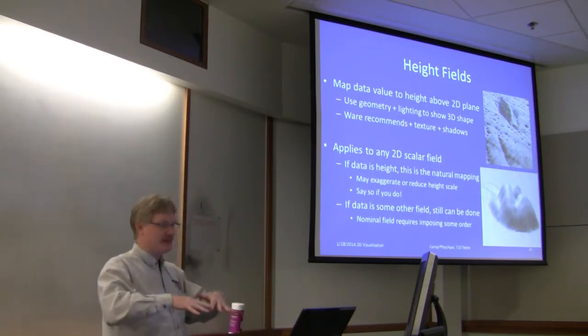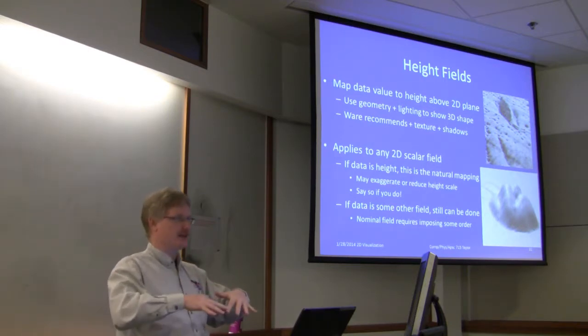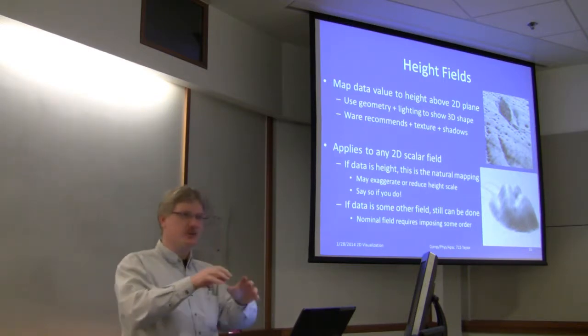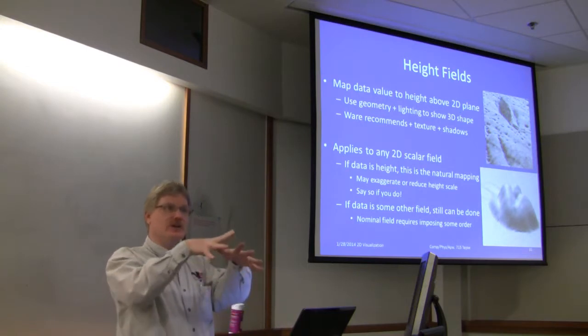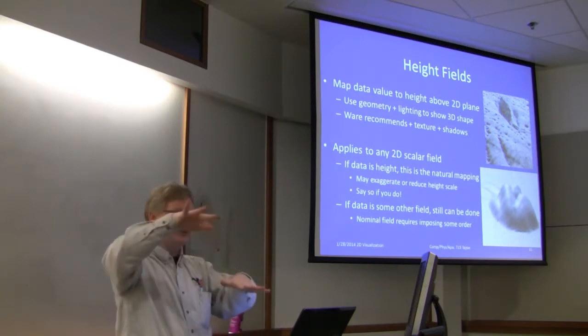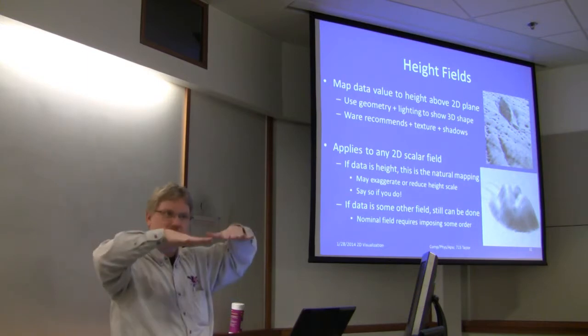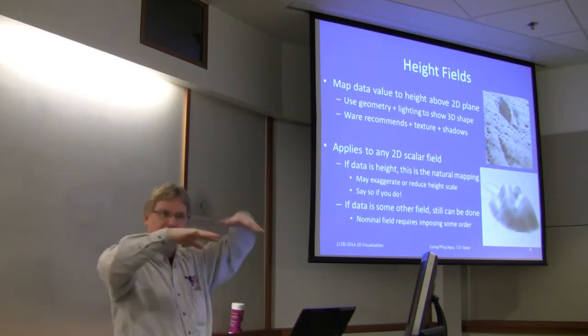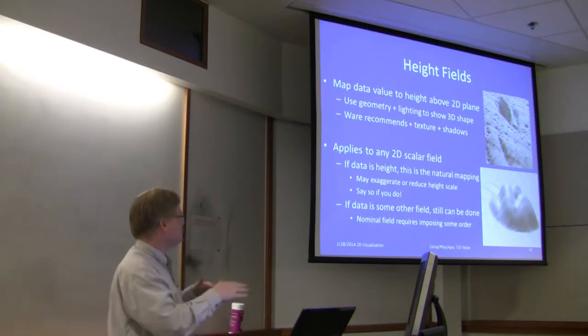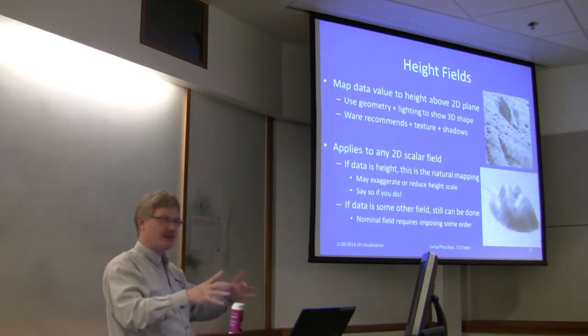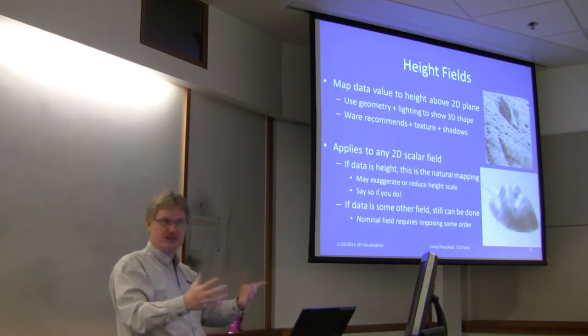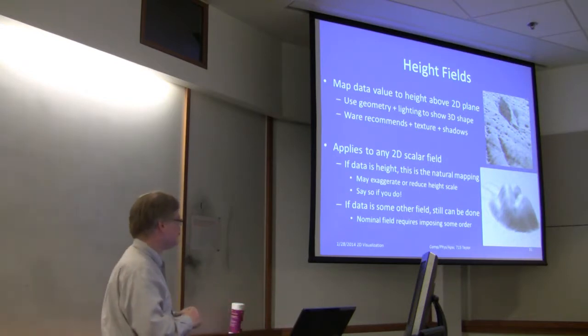In that case, you may want to exaggerate or reduce the scale, right? The reason to exaggerate is if you want to see small details, you want to pull them up into the perceptual zone so you can see them. If there's a lot of noise, you actually want to reduce it so that the noise folds down and you're only seeing the larger scale features. If you do exaggerate the height scale relative to the XY, you want to let the viewer know so that they're not surprised that you're off by a factor of 10.